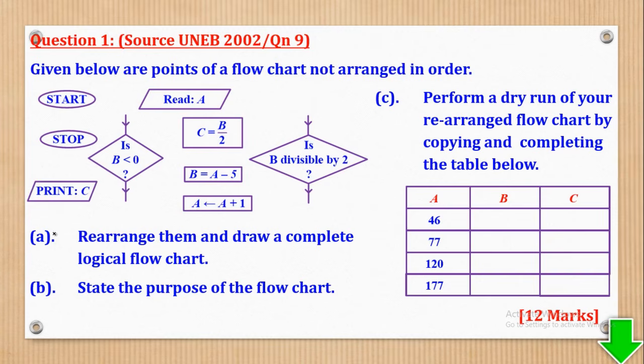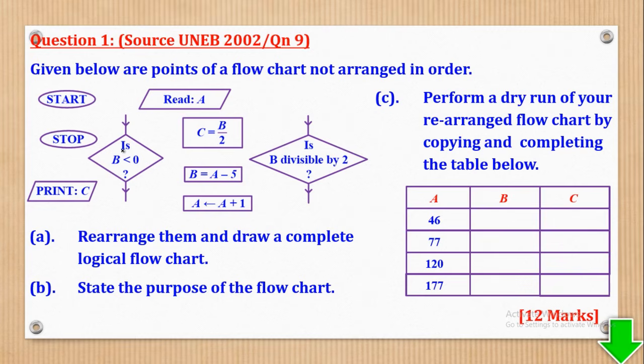Then here they said part A, rearrange them and draw a complete logical flowchart. Then part B, state the purpose of the flowchart, and part C, perform a dry run for your rearranged flowchart by copying and completing the table below. So these ones are scattered, so you have to rearrange them.